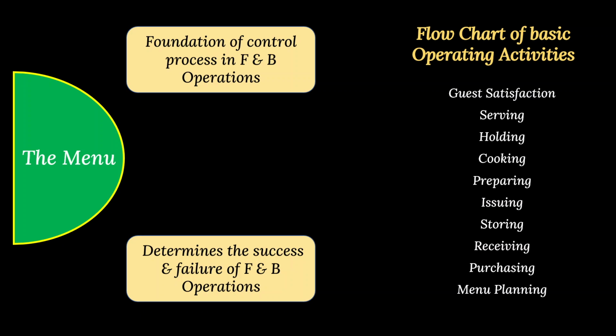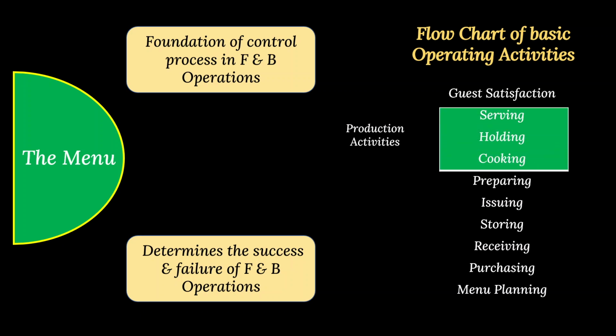And then finally, once it reaches the guest table and the guest is consuming it, what is the final factor? That is the amount of guest satisfaction. Out of all these operational stages, these three, especially cooking, holding and serving, are purely and specially part of production activities.